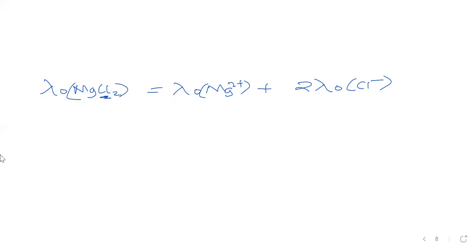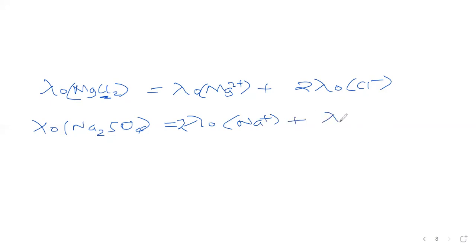If I want molar conductivity at infinite dilution of sodium sulfate, it will be twice the molar conductivity at infinite dilution of the sodium ion, because I have two sodium ions here, plus the molar conductivity at infinite dilution of the sulfate ion.